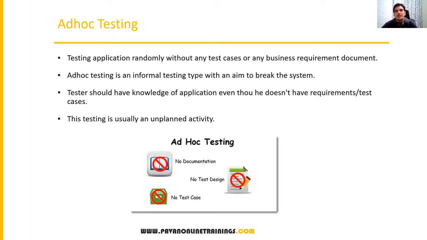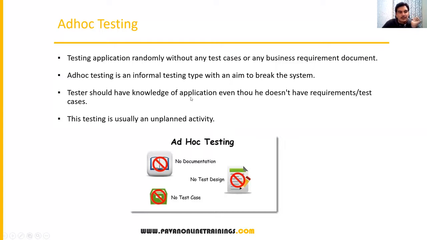Ad hoc testing is nothing but testing the application randomly and without any test cases or documents. But we know some functionality even though we don't have a document. Based on our previous experience we can assume the functionality. The tester should have knowledge of the application even though he doesn't have requirements or test cases.